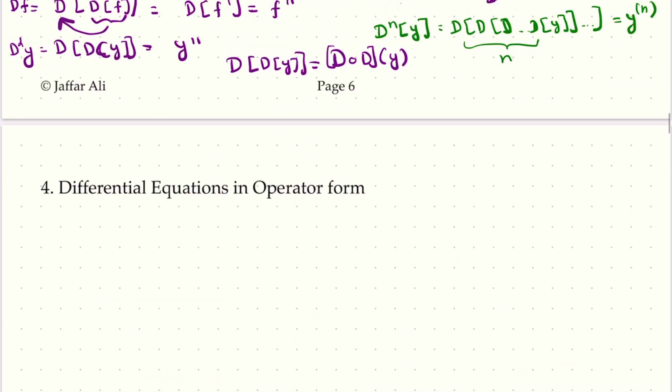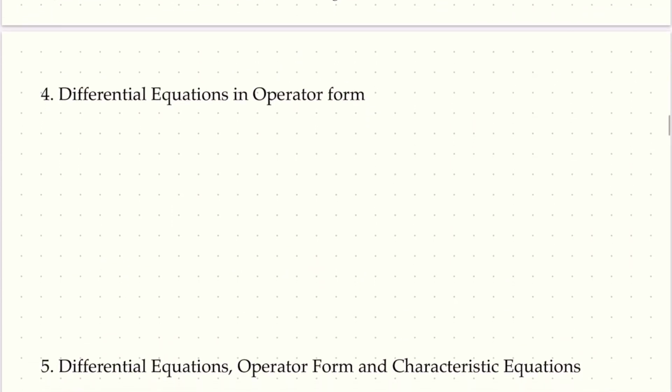All right, so now let's take a look at the differential equation in operator form. Suppose you have the differential equation y prime minus y equals 0. Very simple, very nice differential equation. How do I write this in operator form? This first term is the same as saying d of y. And what about the second term? There's another operator called the identity operator.